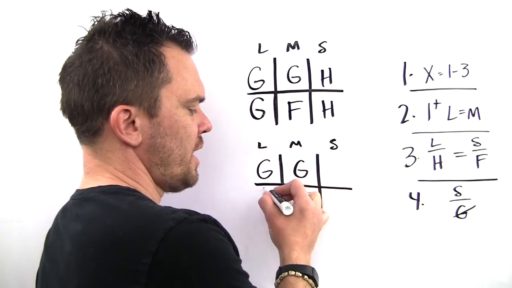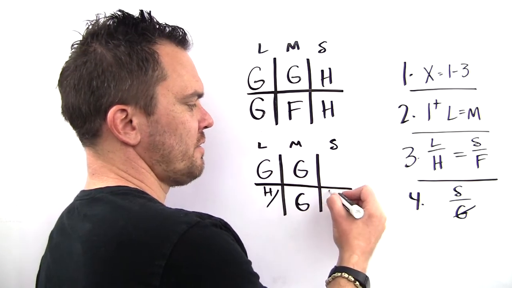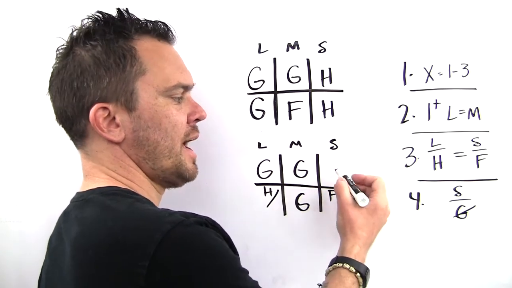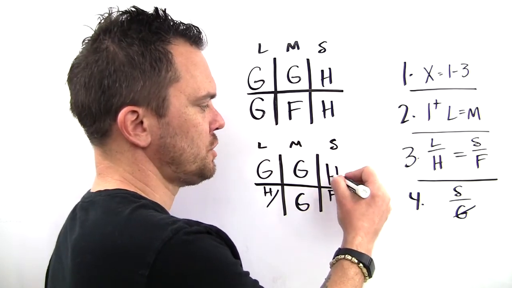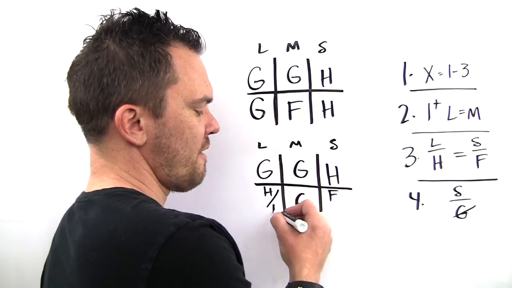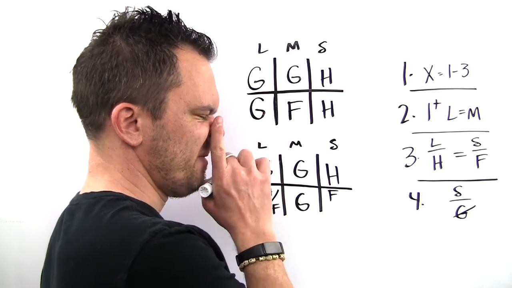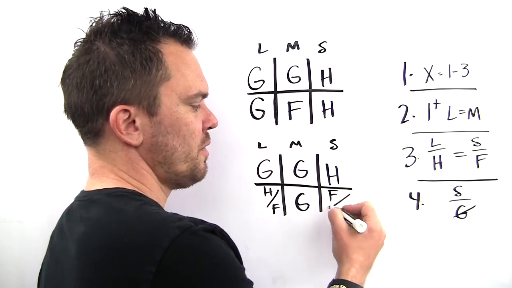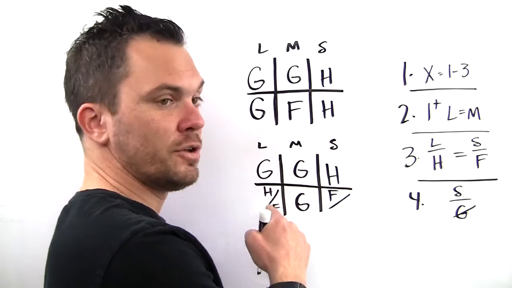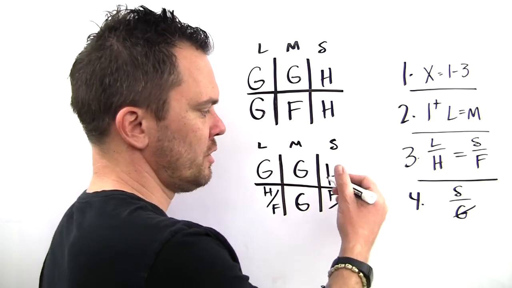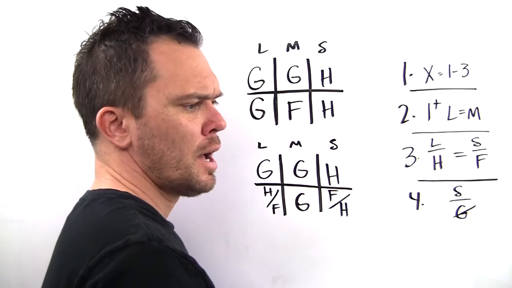We could have an H here, in which case we'd have to have 1 F, and then this one is not G and it's not another F, so it would be H. Or we could put an F here, in which case we've got no F's at all here, because if it's G and F, there's no H, there's no F, it'd be H and H.